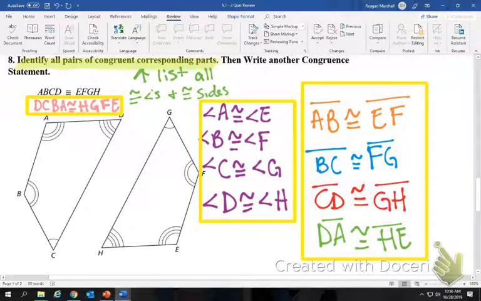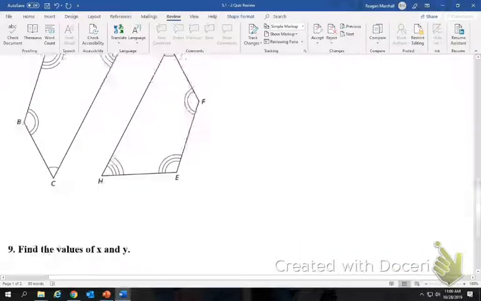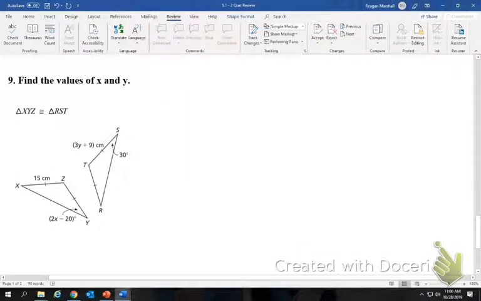All right, we got one more to do together, and it's finding the values of x and y. So let's find the variable x first, which is right here, 2x minus 20. Is this a side or an angle? It's an angle. It's at angle y. So what is angle y congruent to in the second figure?